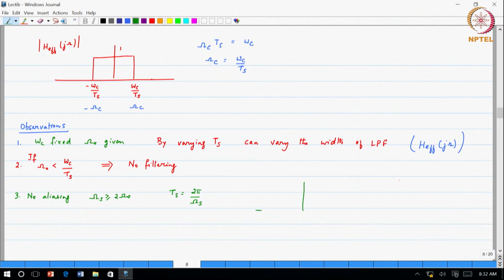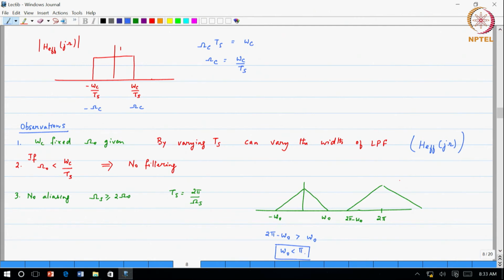So, if I had a drawing of this, this is from minus omega naught to omega naught, the repetition of this is going to come at 2 pi, this frequency is going to be 2 pi minus omega naught, and the condition for no aliasing will be, just like we wrote down the condition for aliasing in the continuous time domain, 2 pi minus omega naught must be greater than omega naught, or in other words omega naught, the highest frequency component, must map to less than pi.